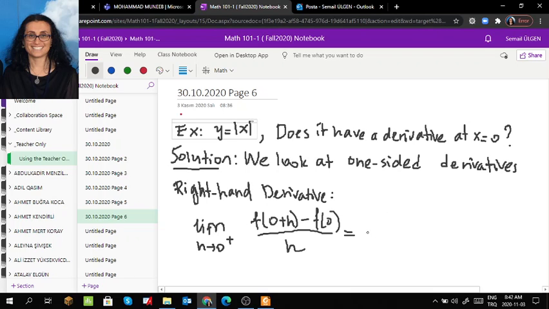So let's continue from here. So we got this expression, and what is this equal to?